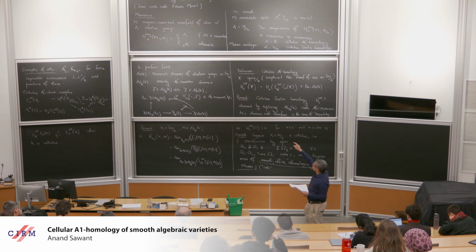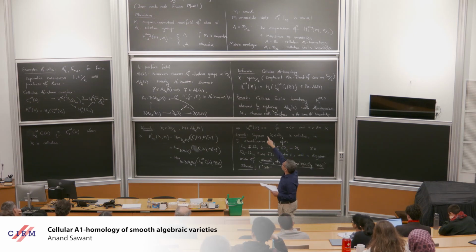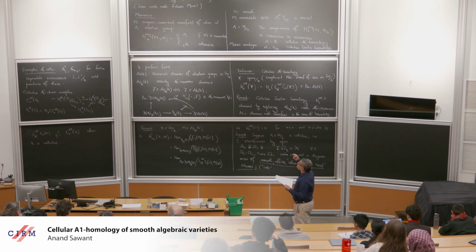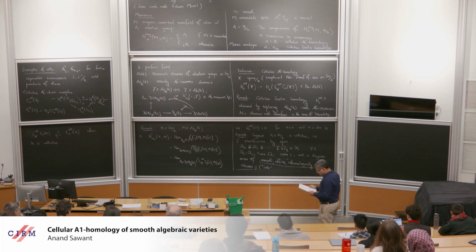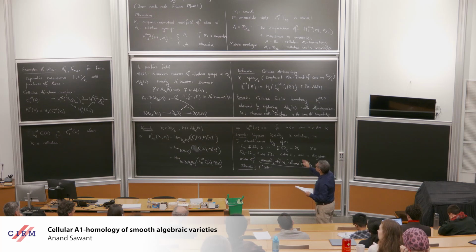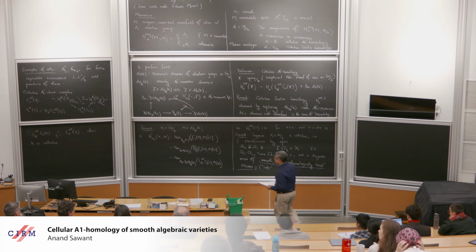We have a precise conjecture for the analog of Poincaré duality for smooth compact varieties of dimension d over k. Before I state that, I have to clarify what our notion of orientation is, and what it is that we expect.